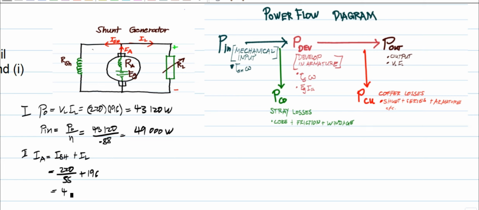So 4 plus 196 is equal to 200 amperes. So IA is 200 amperes.